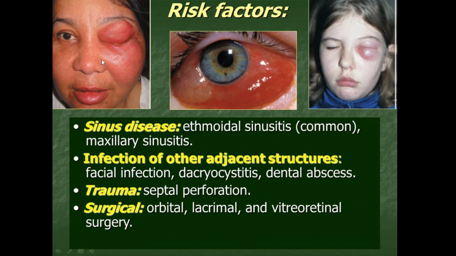In the picture, you can see examples: exophthalmos, eyelids hyperemia, severe edema.